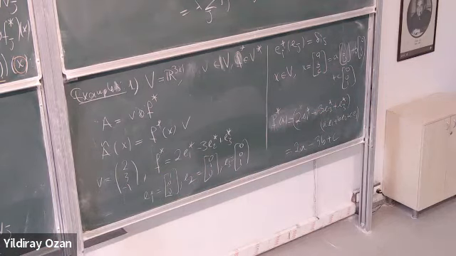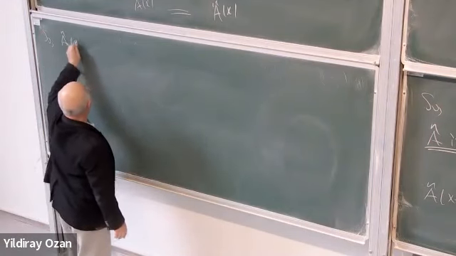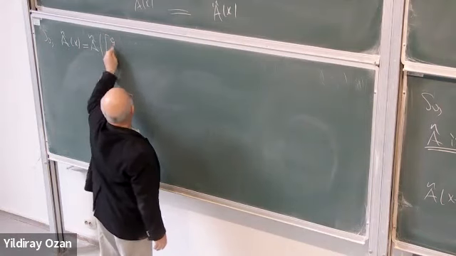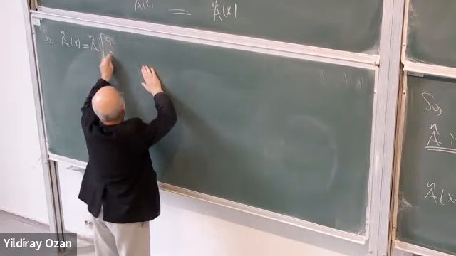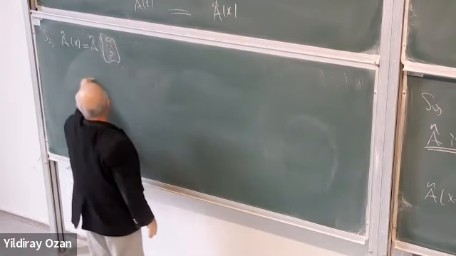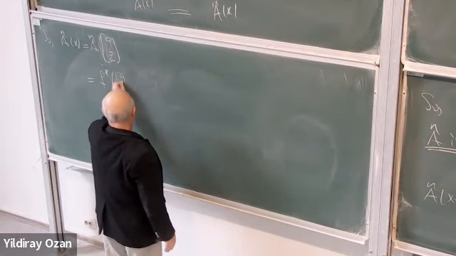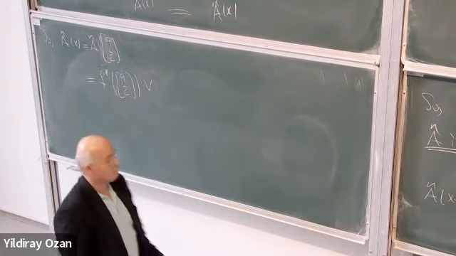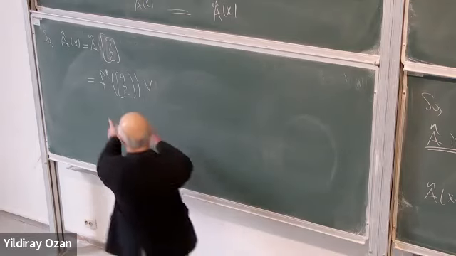All right, so A hat of A, B, C is what? This was F star at A, B, C times B, right? We computed this.